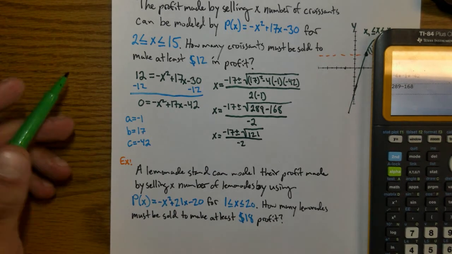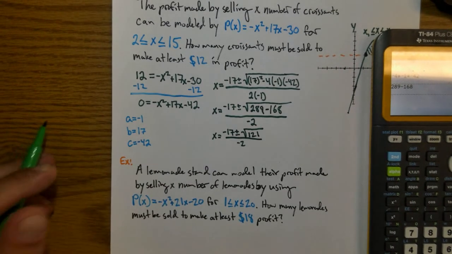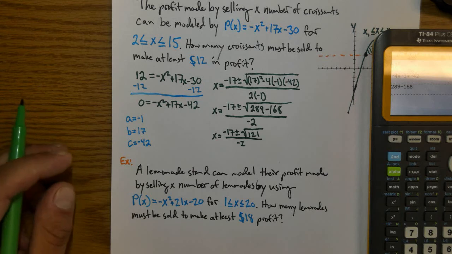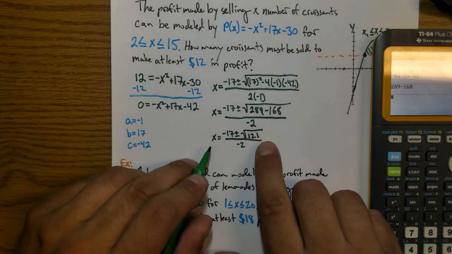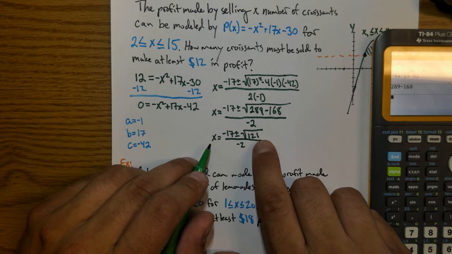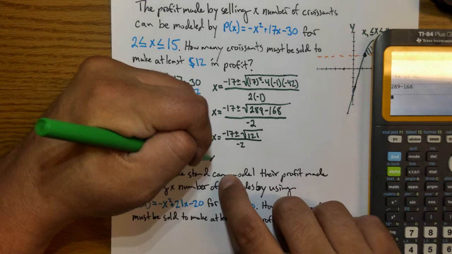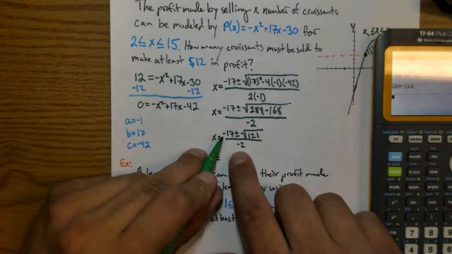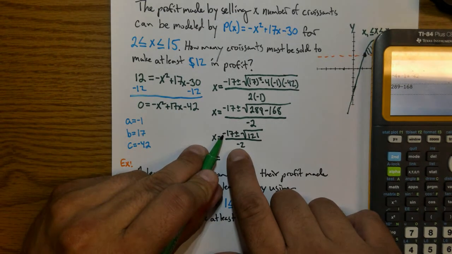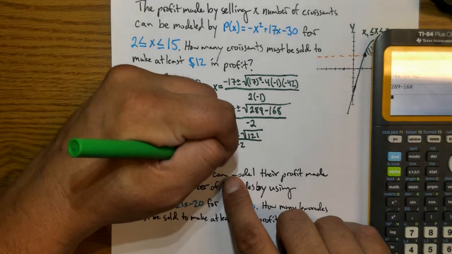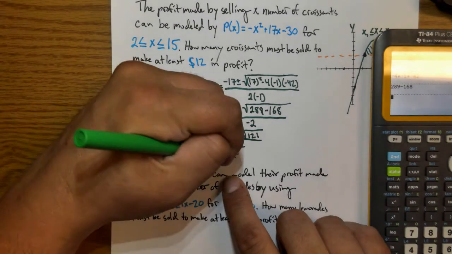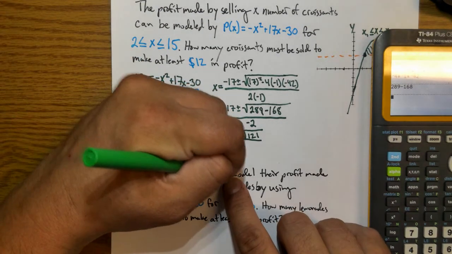You can plug it into your calculator if you don't. I just have these memorized. Don't feel bad if you don't have them memorized. But square root of 121 is just 11. We ran into that earlier in an earlier problem. And we can also drop these negatives, right? So we can say x is equal to 17 plus or minus 11 divided by 2.